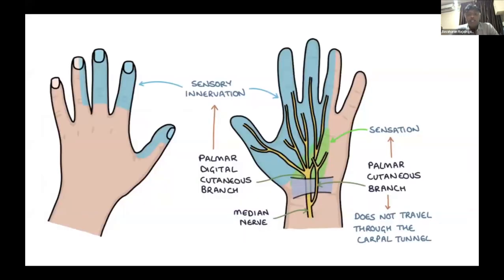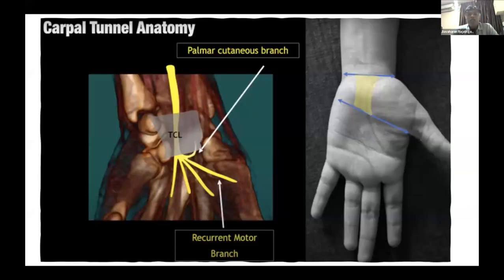So this I'm going to skip because it has already been covered in detail by Dr. Vijayan sir. And you could see here, this is the region of the carpal tunnel. Now, if you draw an imaginary line at the distal palmar crease here, and another line along the first web space, this is where the carpal tunnel is located.